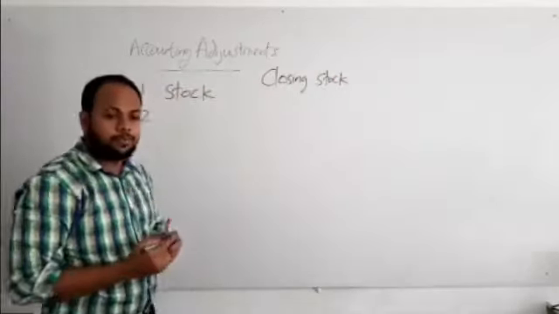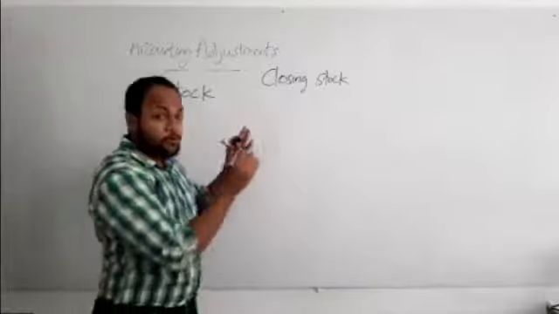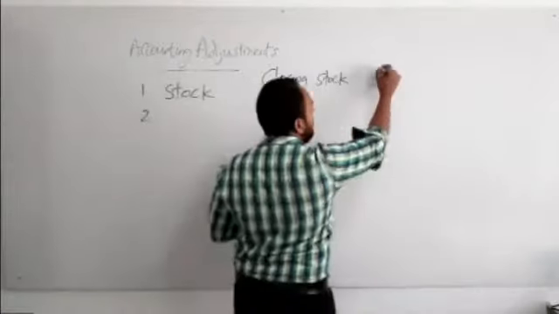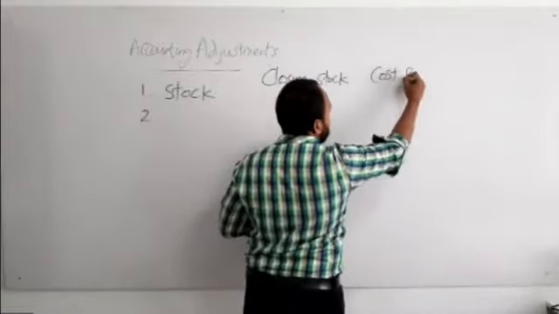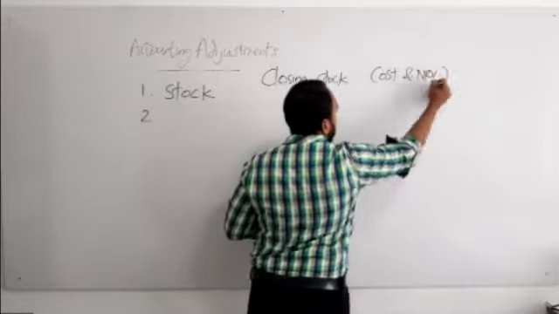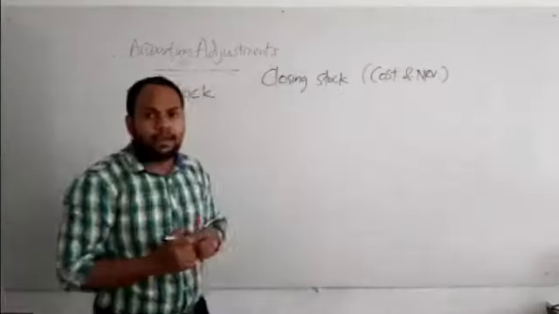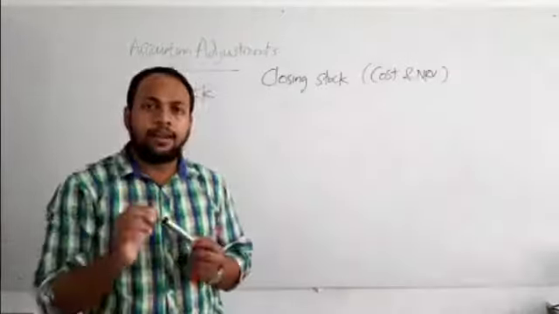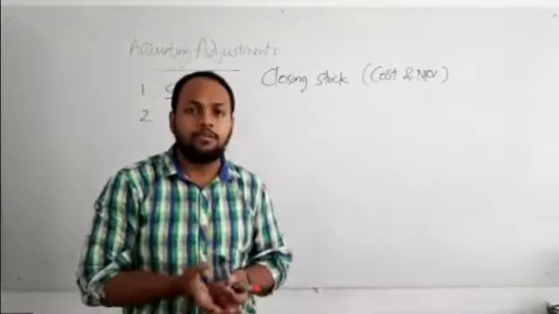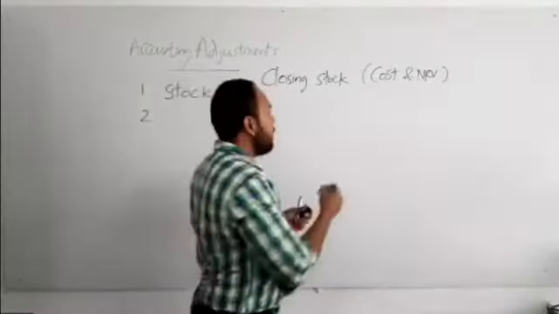Closing stock adjustment, right? So when it comes to closing stock, there is an adjustment related to cost and NRV. Cost and net realizable value. We need to take the lowest.